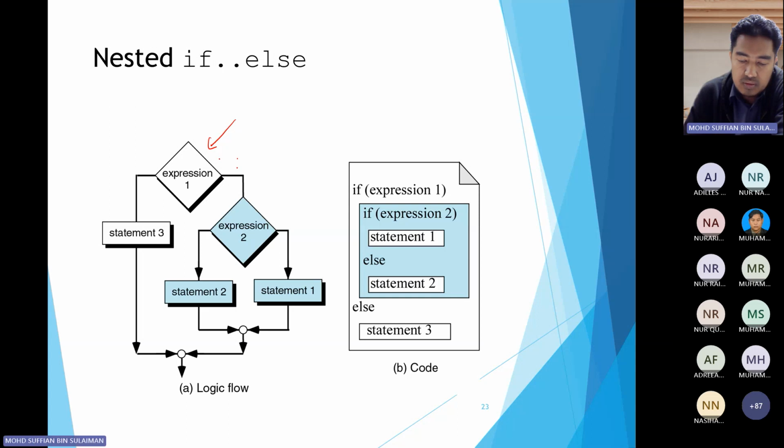Either true or false. If false, demonstrate. If true, you need to have another expression, then you can execute. Again, we have true or false. True, statement 2; false, statement 1, for example. And then you can end the selection.